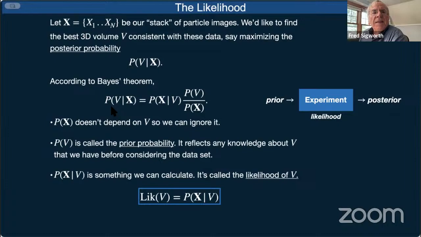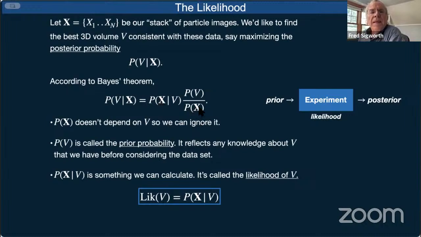Now, in statistics, Bayes' theorem says that the probability of the volume given the data is the same as the probability of the data given the volume times these two probabilities. P of V here is any prior information that we have about what kind of volume, what kind of set of voxels is more probable than another set of voxels.